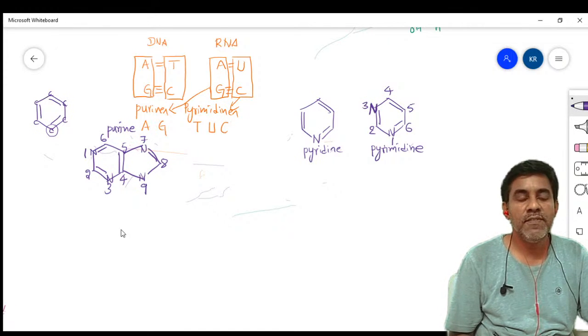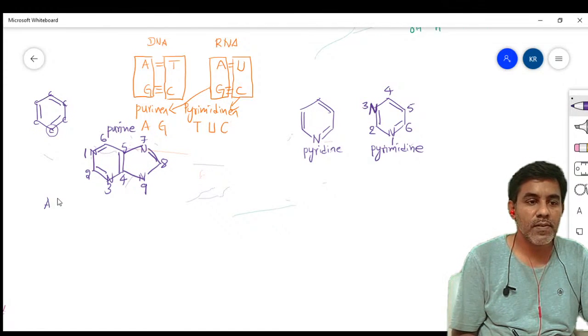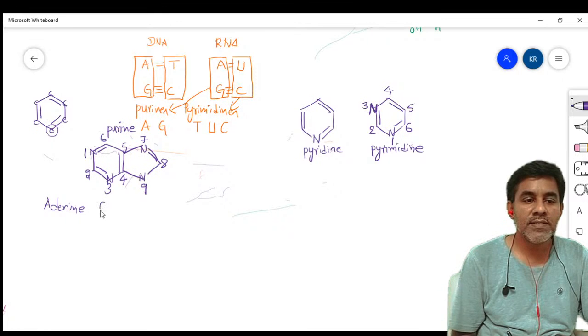So coming to the first molecule, that is adenine. Chemically, adenine is 6-aminopurine. 6-aminopurine is nothing but the adenine molecule.